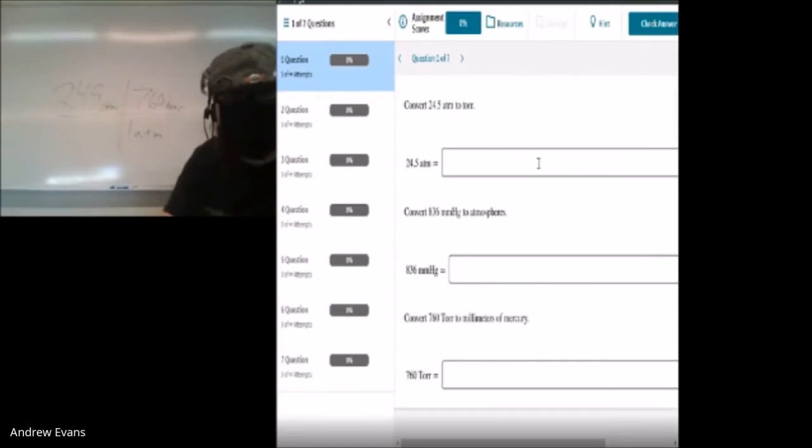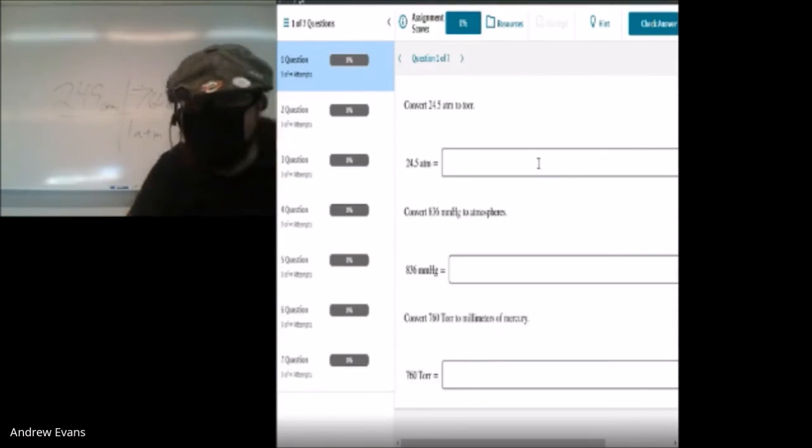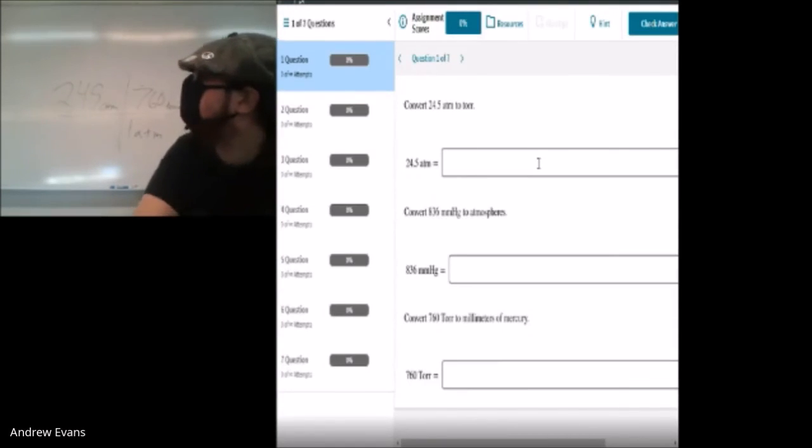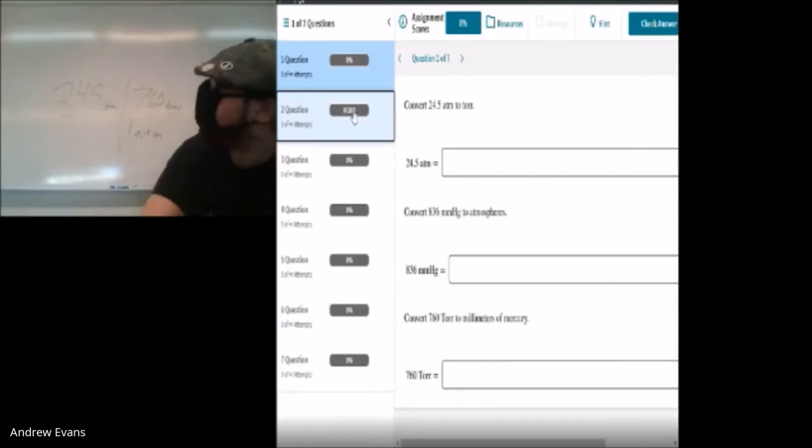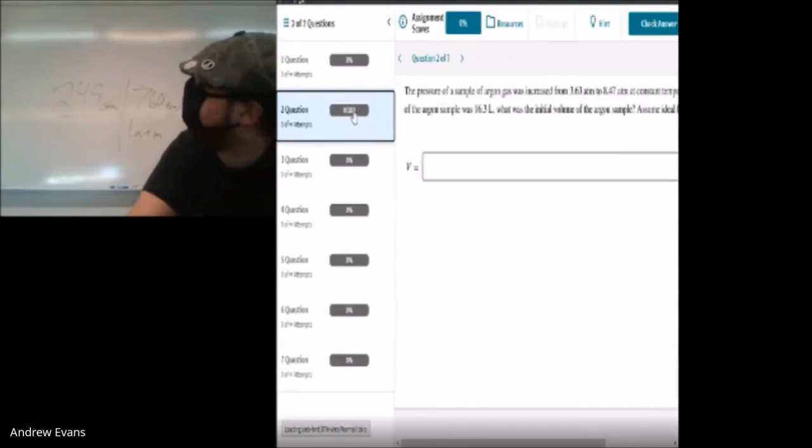This one is going to be a really big number, because if 1 atmosphere is hefty, then 24.5 is going to be very powerful. So that's something like 18,260 torr. It's going to be a pretty big number. But that's just a conversion one.